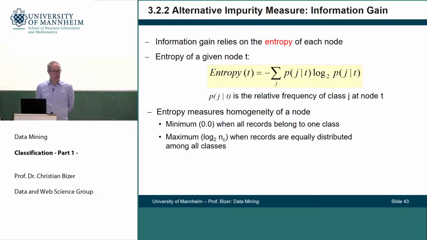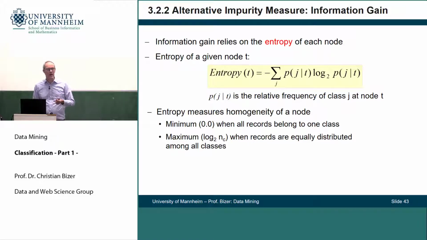We take the formula of entropy, which is minus the sum over all classes of the relative probability of a certain class in a sub-bucket multiplied with the logarithm of base 2 of this relative frequency. That's the entropy.